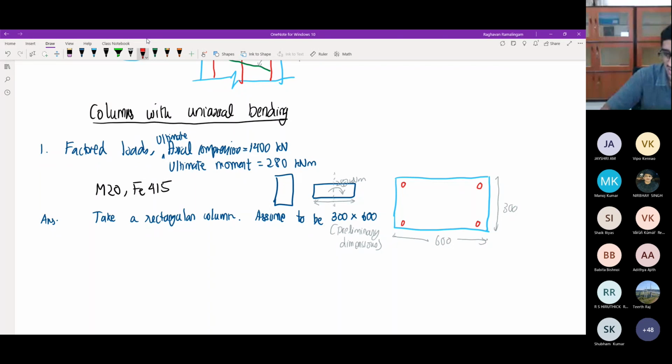Is this fine or is there a problem with this? The spacing should not exceed 300 mm. Yes, it should not exceed 300 mm. If I keep it like this, the spacing between the bars, especially along this direction, will be more than 300 mm, so I cannot keep it like this. I need to give some more bars.